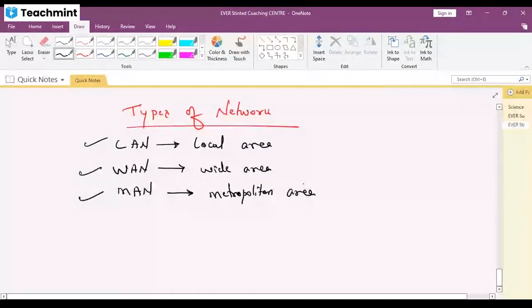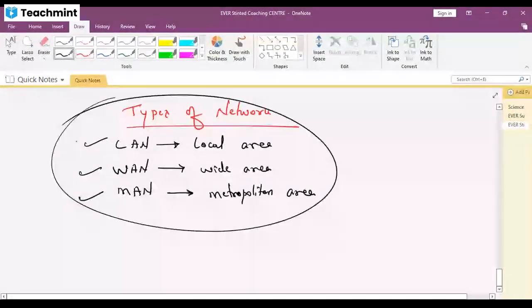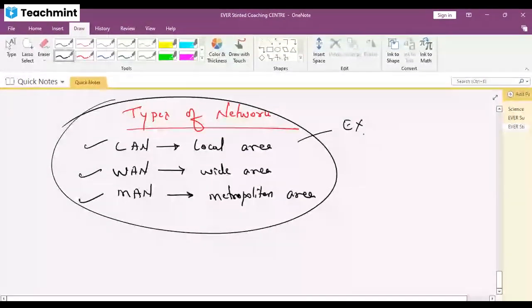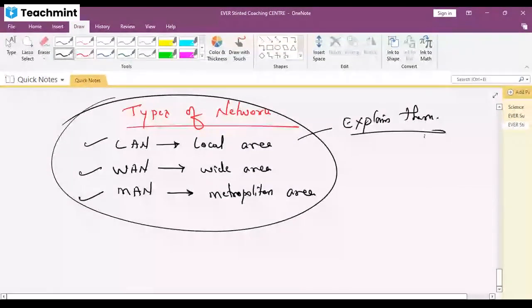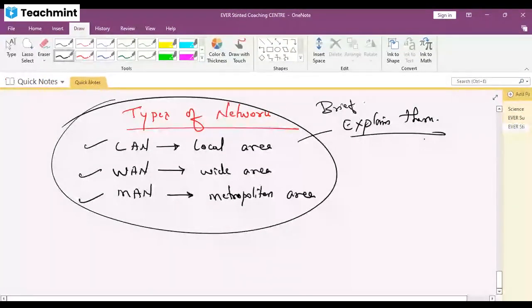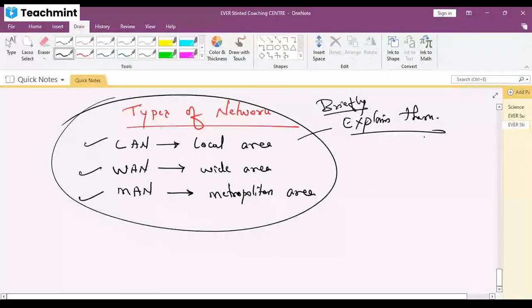Got it? Yes, sir. Local area network, wide area network, metropolitan area network. Now, my dear students, you have to study this with the explanation. You have to explain briefly about LAN, WAN, MAN. Briefly means a short note on LAN, WAN and MAN.